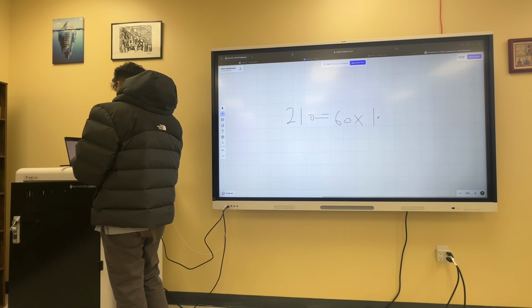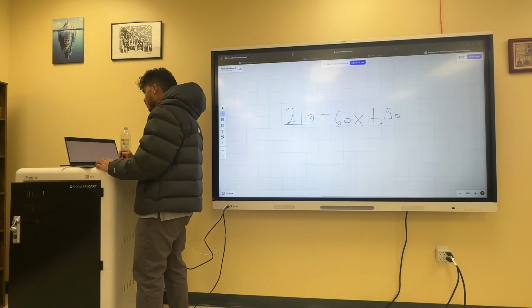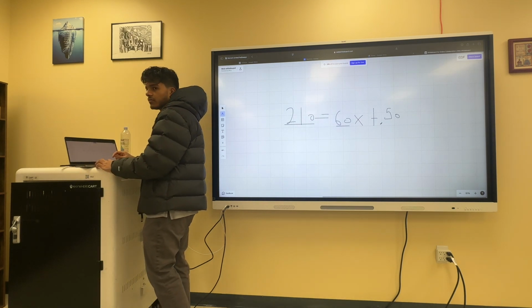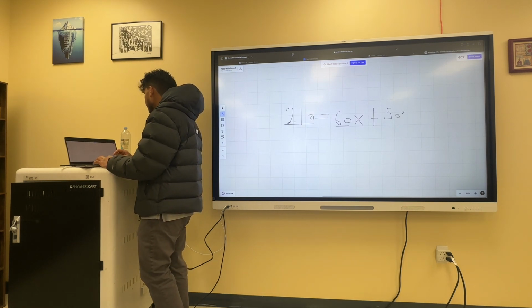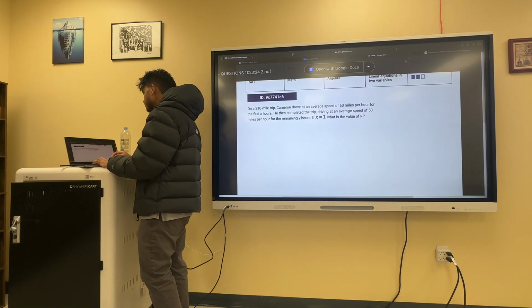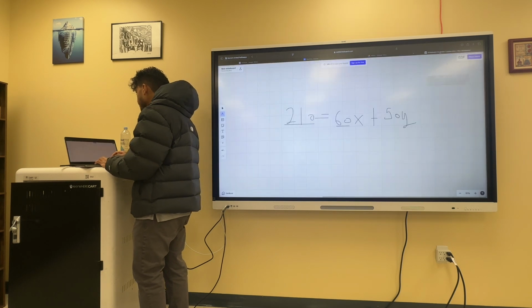Why? Because we're given that 210 is miles, and 60 is miles and 50 is miles. X and Y are variables relating to time. And so that's why we can't just say X plus Y, because we're not defining how fast Cameron is driving.